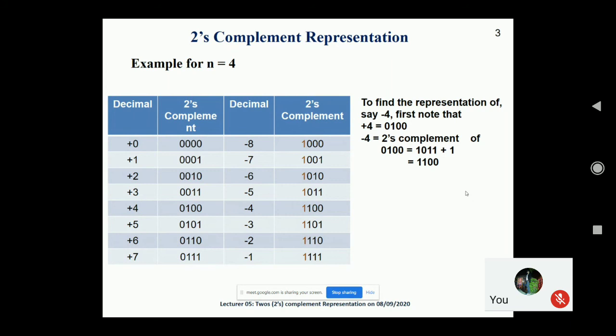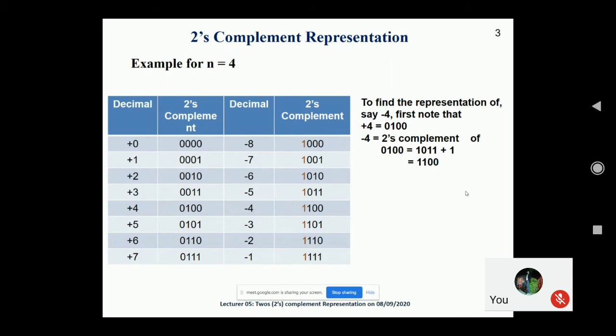But in the third column we start from -8 and go to -1. Always remember, when representing 4-bit numbers, that means n equals 4, the range is -8 to +7. We cannot go beyond that. If you increase the number of bits, then obviously we can. This is the basic concept.